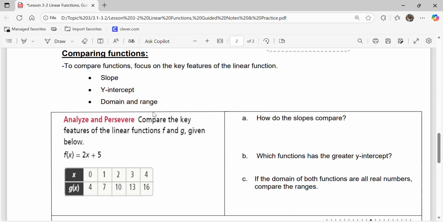Next, comparing functions. To compare functions, focus on key features of the linear functions. Find your slope, y-intercept, domain, and range, and then compare them. So here we have two functions. We have f of x, and we have g of x.